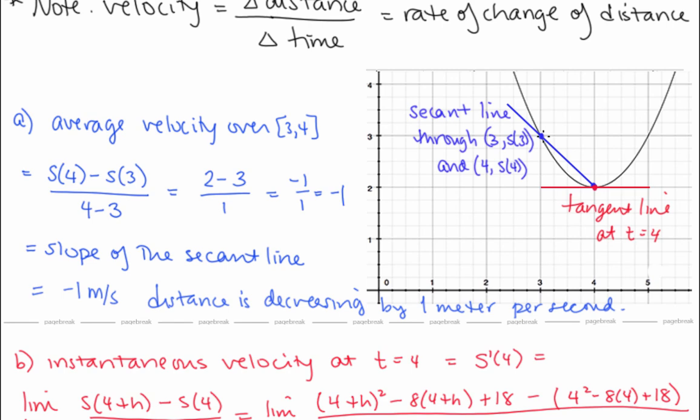The displacement of the particle is decreasing until it's 2 meters away, and then begins to increase and move further away again. So at the time when t equals 4 seconds, the particle is stopped to change direction, and so its velocity is 0 meters per second at that time.